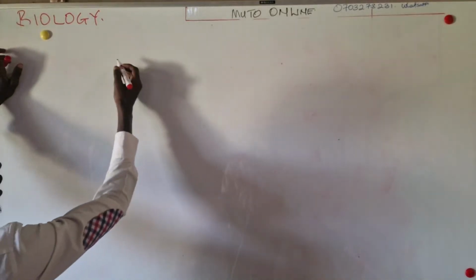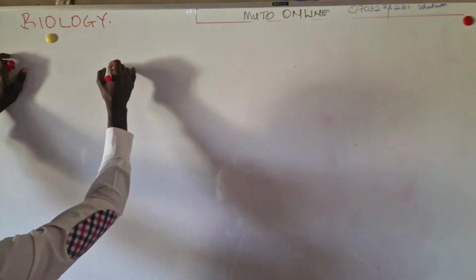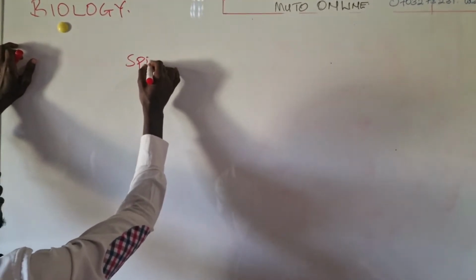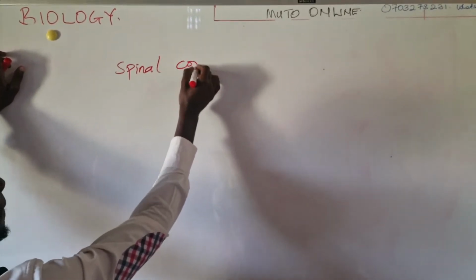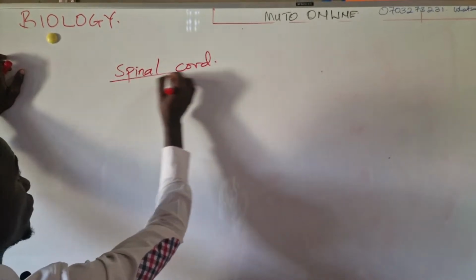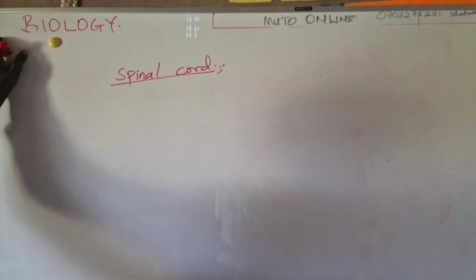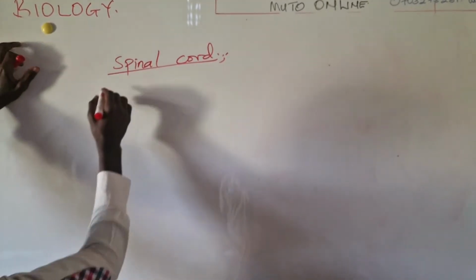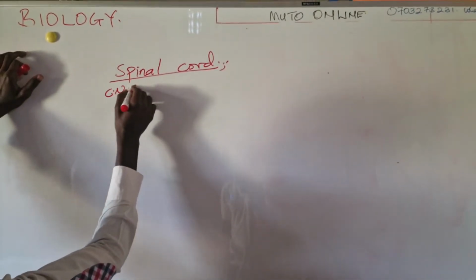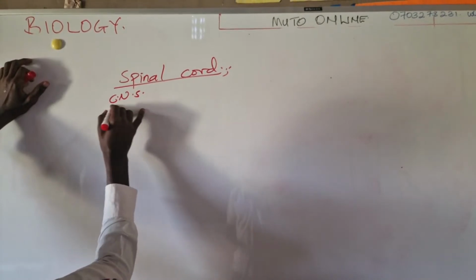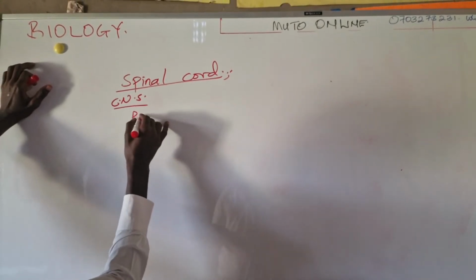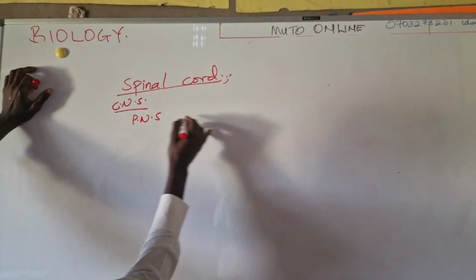I want us to continue with the central nervous system and look at the spinal cord. We shall find that the spinal cord is that part of the central nervous system that connects the peripheral nervous system to the brain.